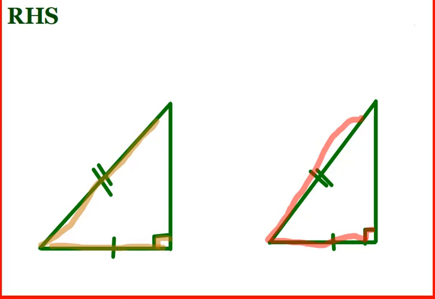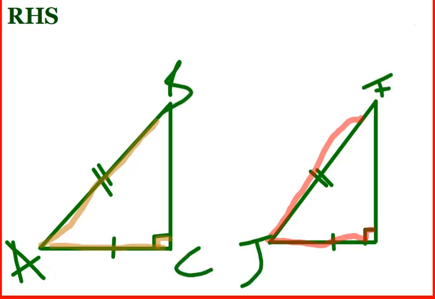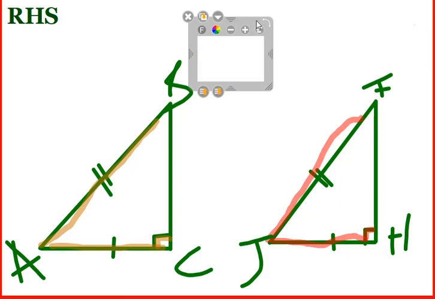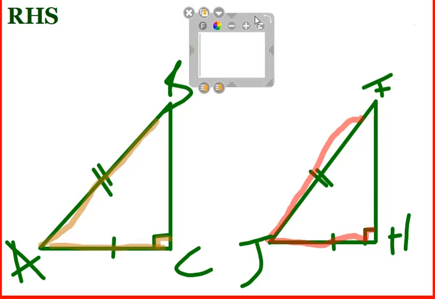So if we were to write that these two triangles are congruent to each other, let's do that for practice sake. We're going to have triangle ABC, triangle JIH. Whenever you write congruency, make sure the corresponding side is in the same position as the other corresponding side in the other triangle. So this is how you'd write it.